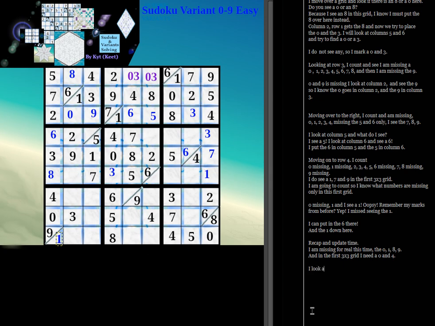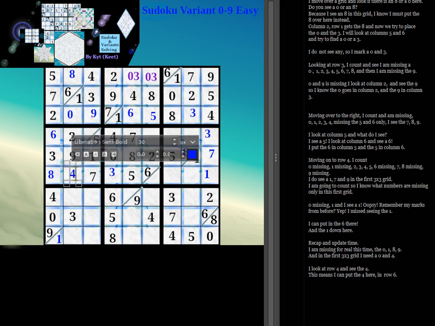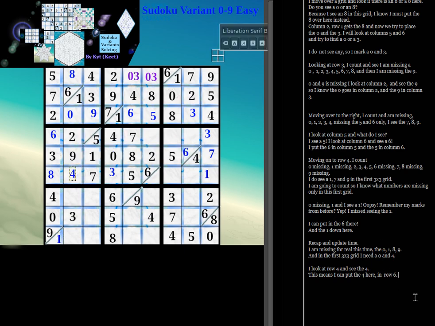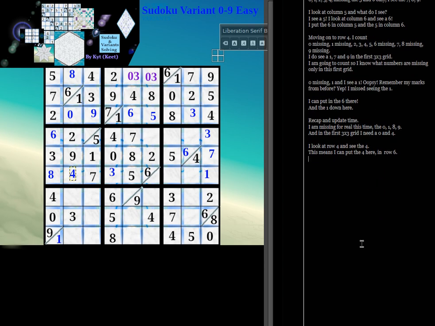Now I look at row 4 and see the 4. This means I can put the 4 here in row 6. This also means that I can put the 0 in row 4.